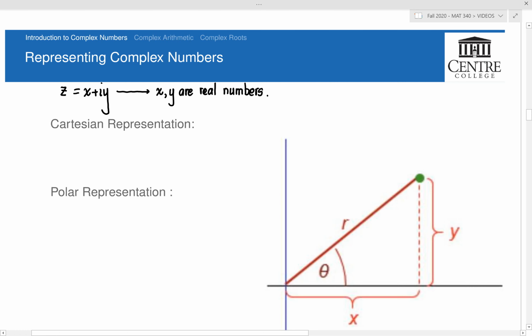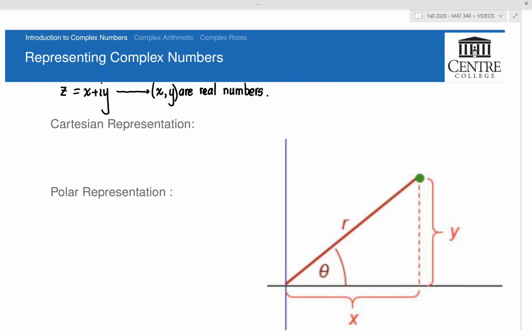Now remember, the order of these numbers matters. For instance, x plus iy is going to be different than y plus ix. So as soon as we specify a complex number, we're specifying an ordered pair of real numbers. And if we have an ordered pair of real numbers, x comma y, we know how to plot those on a Cartesian plane.